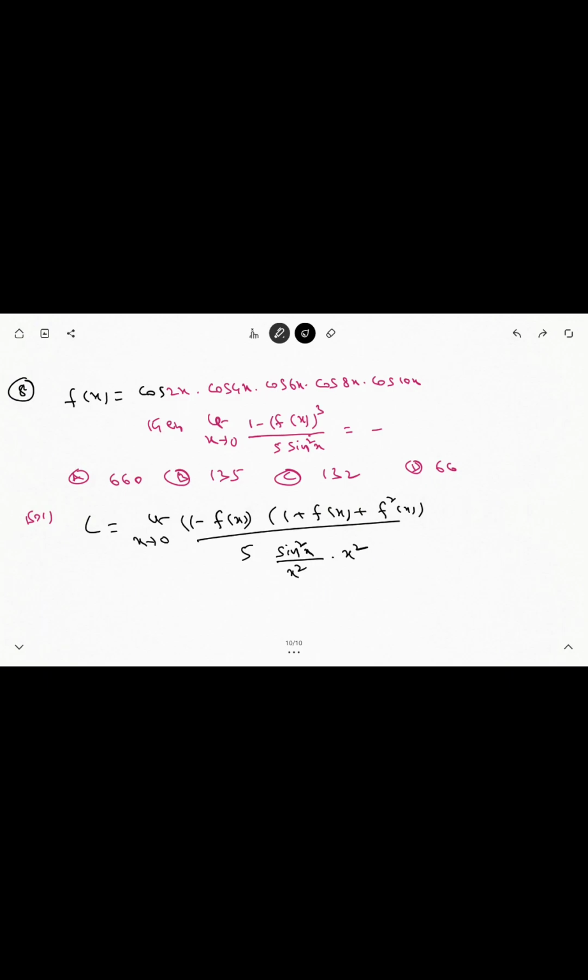Apply limit now for this part. If you apply 0 here, we are getting 1 only, because cos 0 is 1. So we are getting 3 actually, 1 plus 1 plus 1. So we are getting 3 by 5 into limit x tends to 0, 1 minus f of x by x square, because this part is 1.